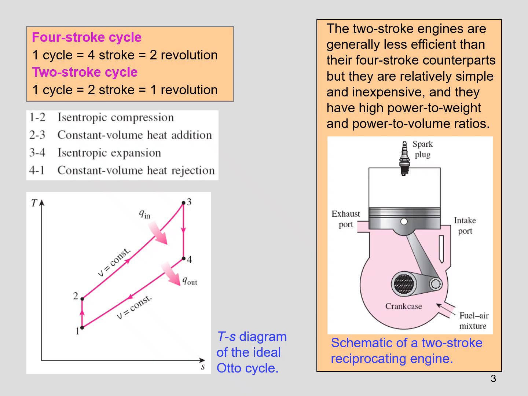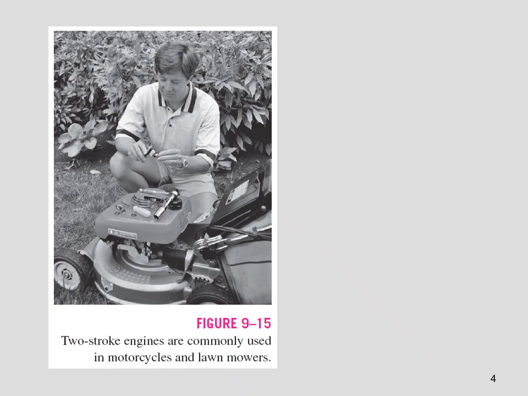And this is the TS diagram, where S is the entropy. 1 to 2 is constant entropy, or isentropic compression, and 3 to 4 is constant entropy, or isentropic expansion, in the TS diagram. Two-stroke engines are commonly used in motorcycles and lawn mowers.